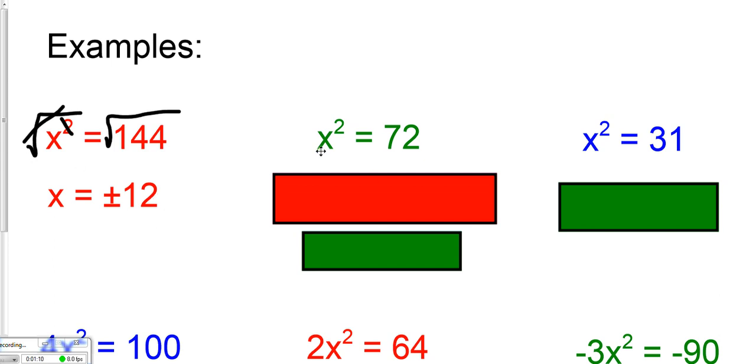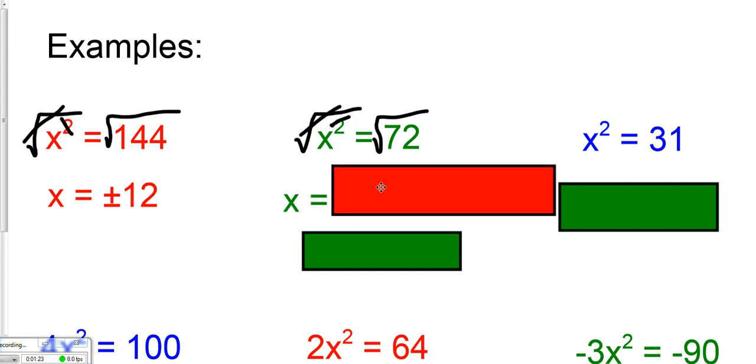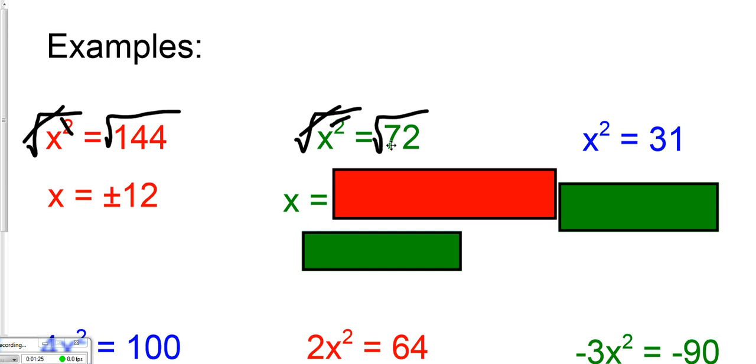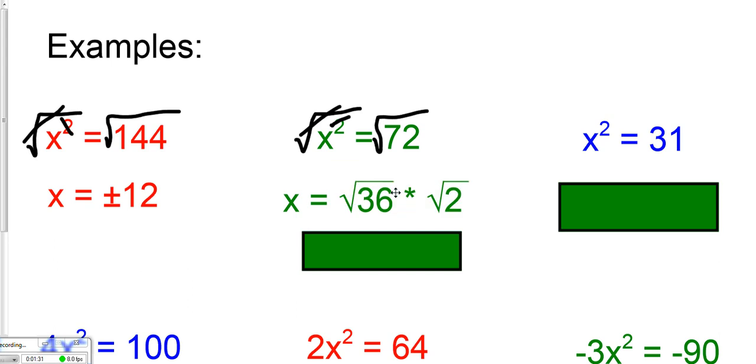However, if we get to x squared equals 72, well, get x alone by square rooting both sides. Now, this one, of course, will just become x, but the square root of 72, we don't really know what the square root of 72 is. So we break it apart into two pieces. 72 is the same as 36 times 2.